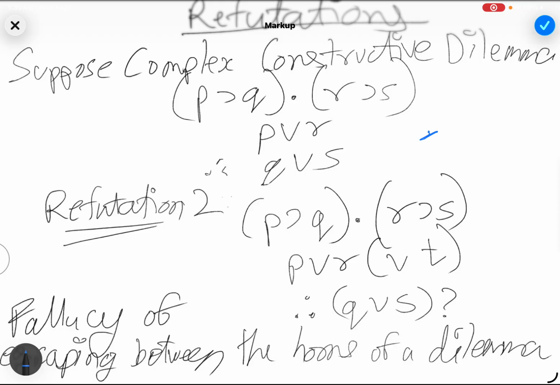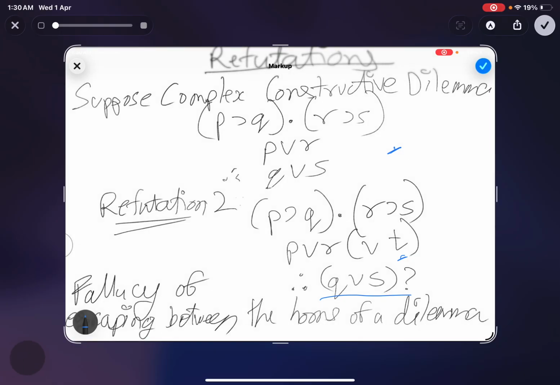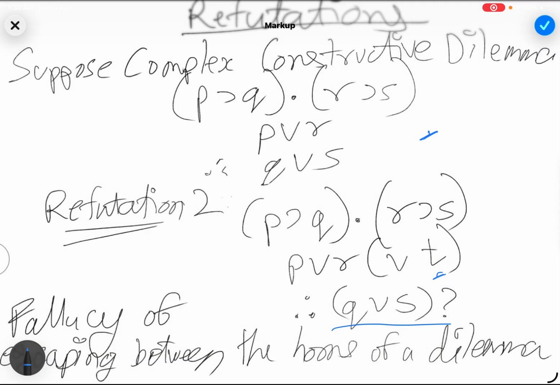So what you're saying is P or R or T, meaning there is a third possibility apart from P or R. All you have to do is add another possibility, and once again put a question mark next to the conclusion. So this is refutation number 2, and the name is fallacy of escape, the fallacy of escaping between the horns of a dilemma.